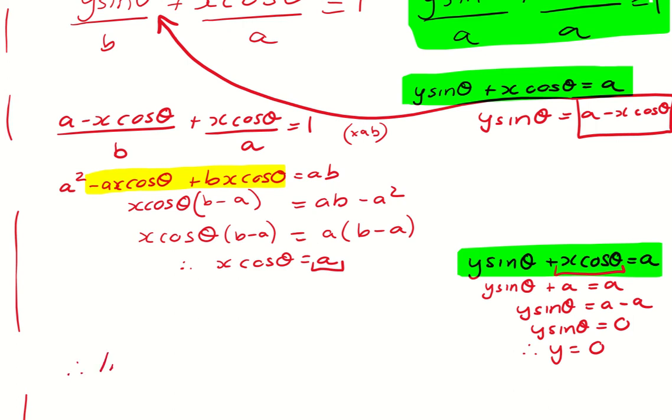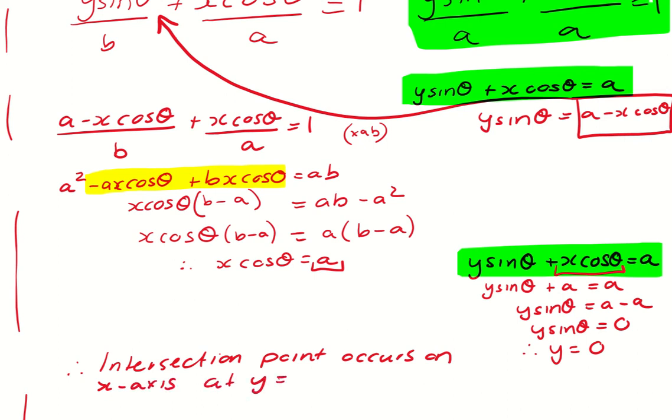Therefore, the intersection point occurs on the x-axis because that point's y is 0, so it must be on the x-axis.